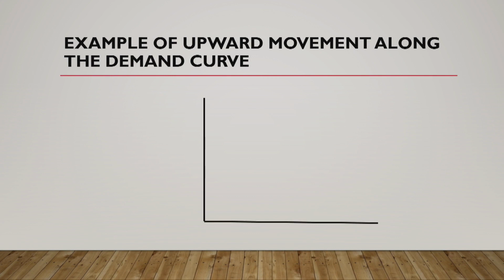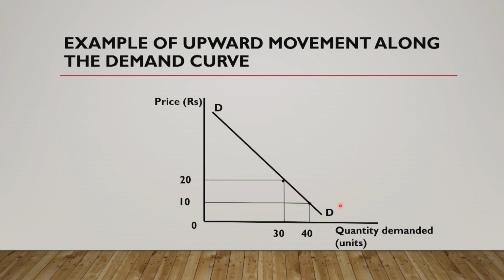This is shown as follows. As you can see, there is an upward movement from point A to point B because prices have risen from 10 to 20 and quantity demanded decreases from 40 to 30.